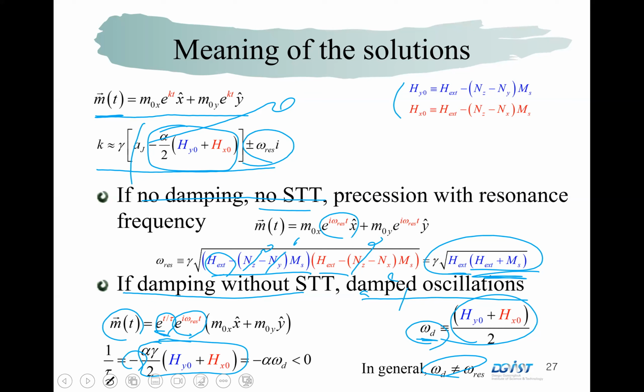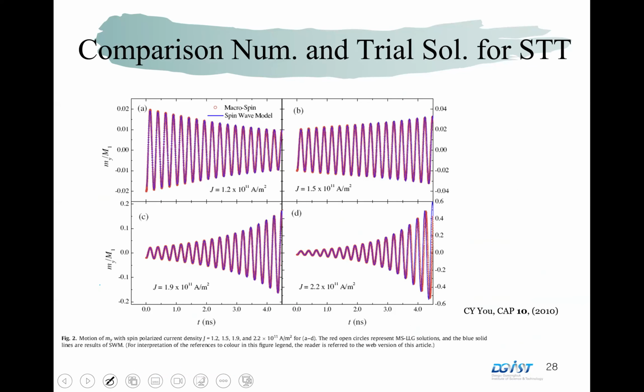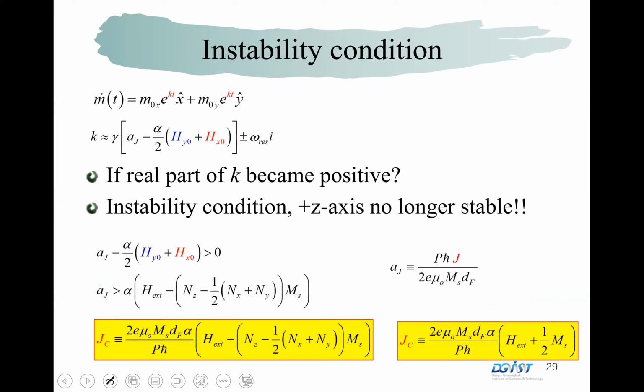Okay. Anyway, so now we discuss the physical meaning of K when the STT is 0. I'm going to show this one later. So now let's focus on here again. We already covered the physical meaning of this one.